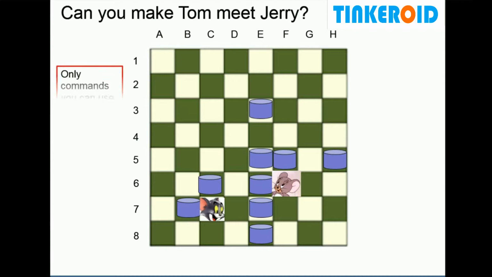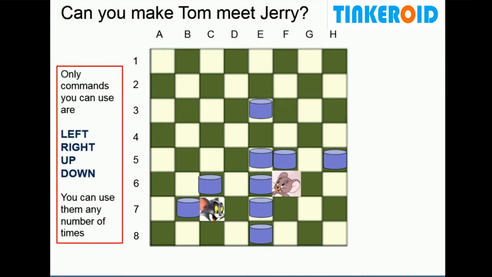If you tell Tom the commands like this: left, right, up and down, he will move one step to the right or one step to the left or bottom or up. So you can keep on giving those commands till he reaches Jerry. I will show you one and later you can also do.